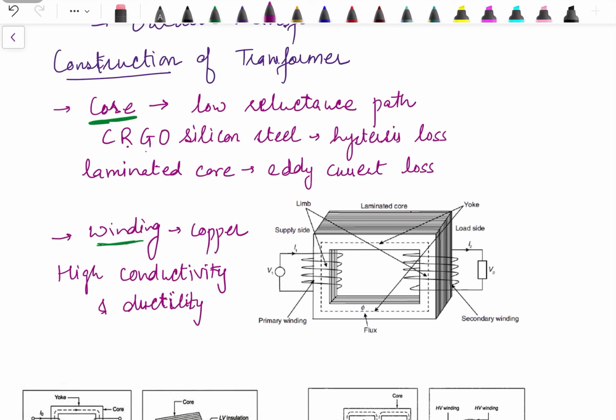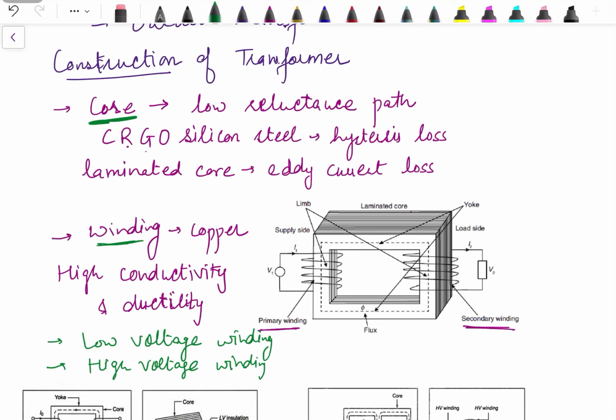Now primary winding and secondary winding are the two names given on the basis of to which we are giving the supply and from where we are getting the output. But from the construction point of view, we have two types of windings: low voltage winding and high voltage winding, LV winding and HV winding.